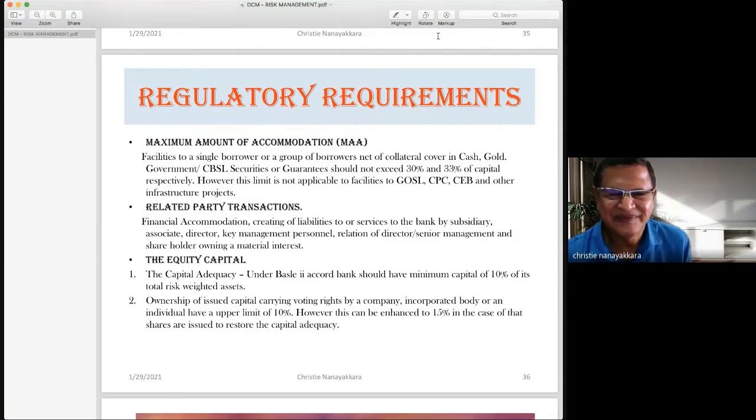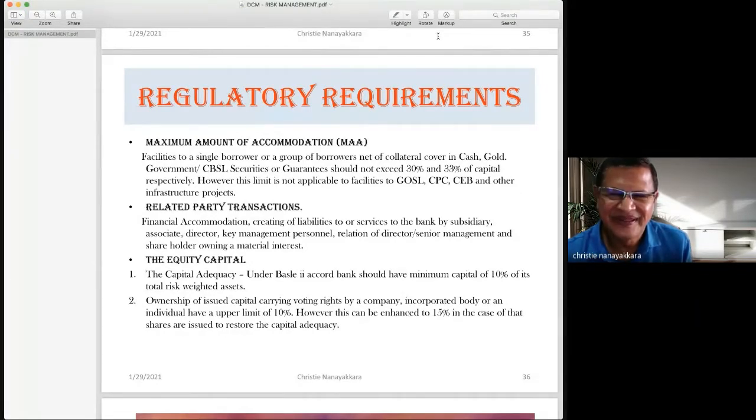So the maximum we can grant to a customer is only 30%, which is 3 billion. Now both of the customers are asking 4 billion, so both of them are disqualified to get this facility because it exceeds the single borrower limit.